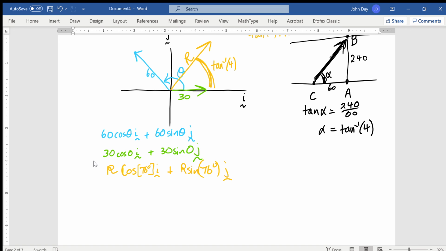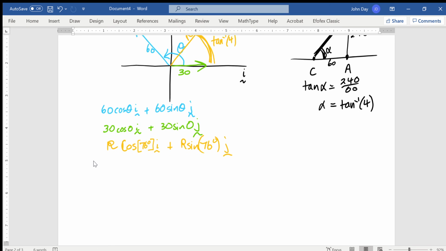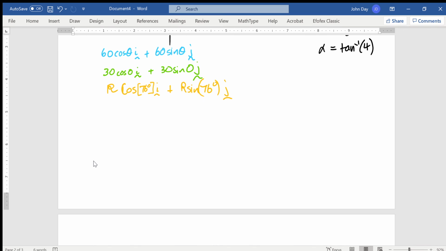So we know the resultant vector, the yellow vector, and we know that the blue one and the green one add up to it. So let's add the blue and the green to get our resultant vector.